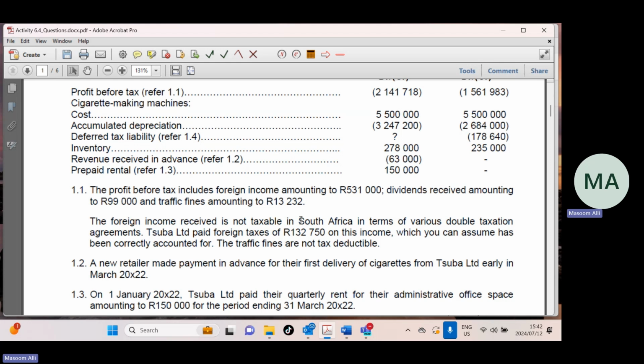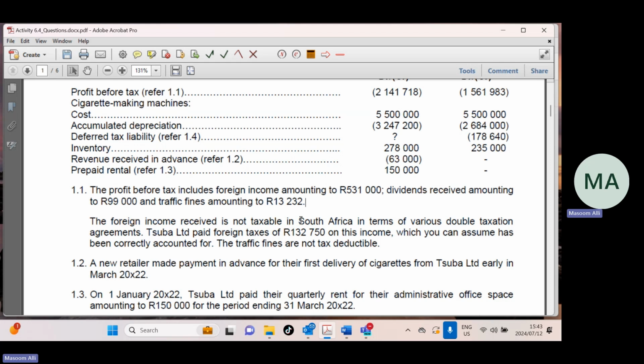The reason for this is that while it is supposed to be taken into consideration when determining your profit before tax, it's not supposed to be taken into consideration when you are determining your taxable income for income tax purposes. So the question is telling you that profit before tax includes this, which is correct.